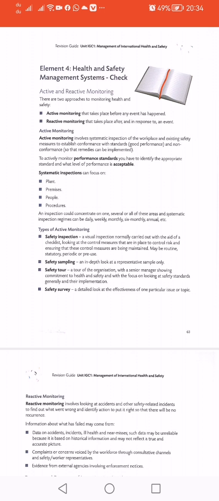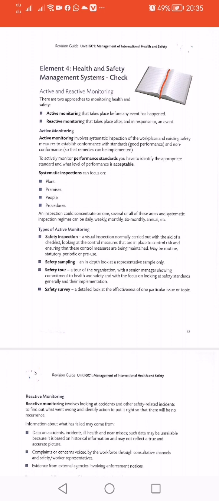This simply means that active monitoring can be executed for plant, premises, people and procedures. An inspection can also concentrate on one, several, or all of these areas. Systematic inspection can be daily, weekly, monthly, six months, or annually.